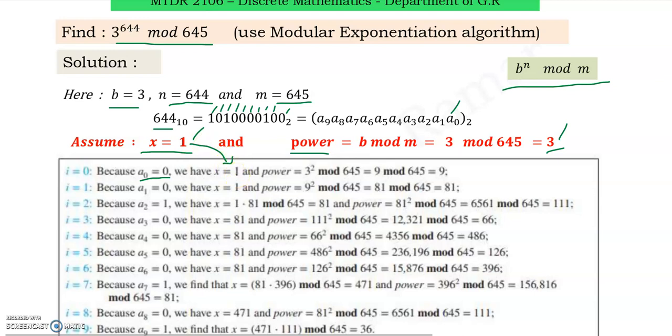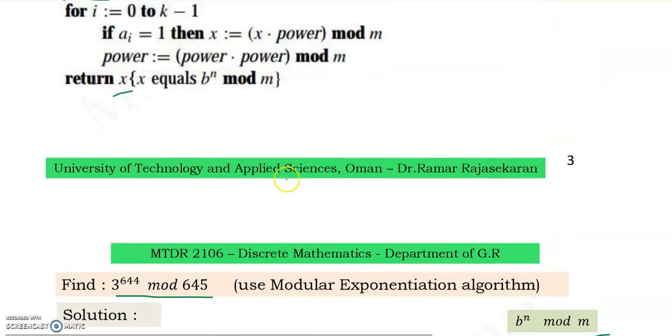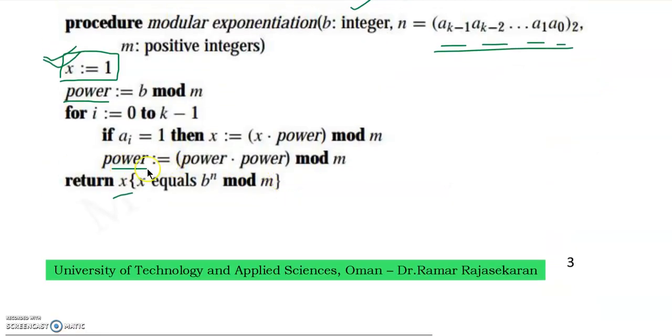Okay. In this loop, each time you have to calculate power. What is power? Power is nothing but, you see the rule, power multiplied by power, which is power squared modulo m. To calculate the new power, you have to multiply the previous power, then apply the modulo m.